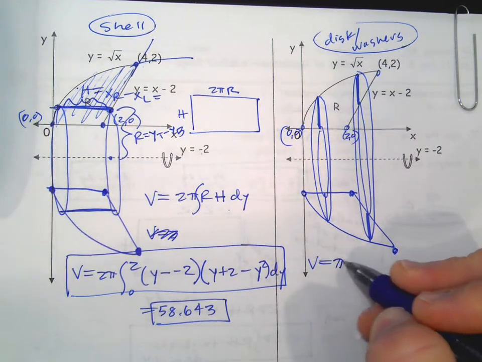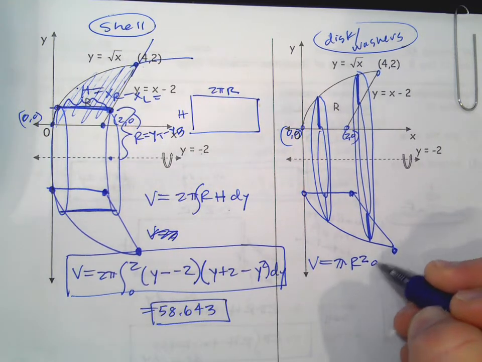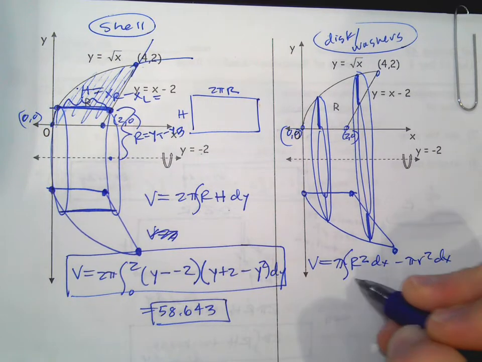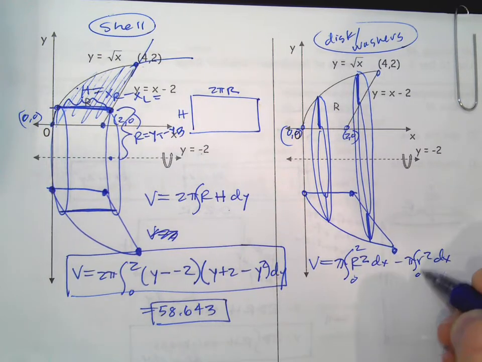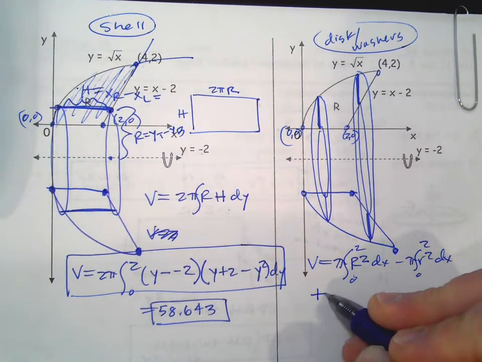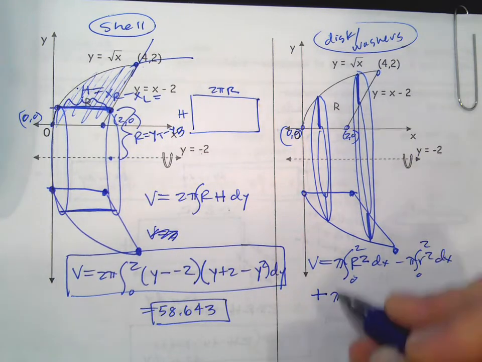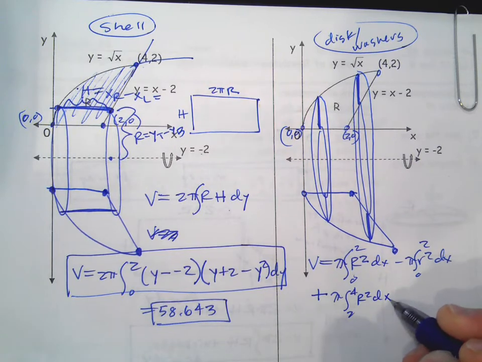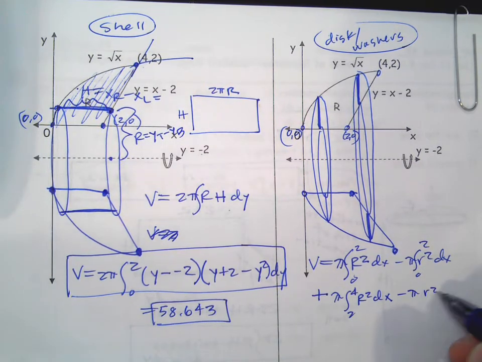So pi R squared dx minus pi little r squared dx, and we go 0 to 2. Then we're going to have to add another set of them from 2 to 4, pi R squared dx minus pi little r squared dx.